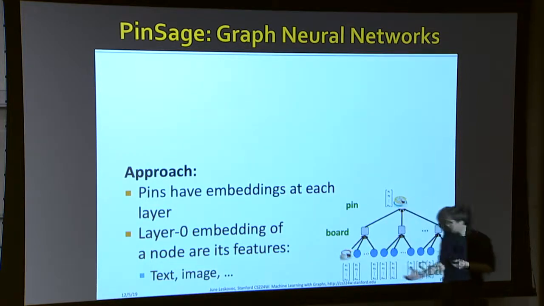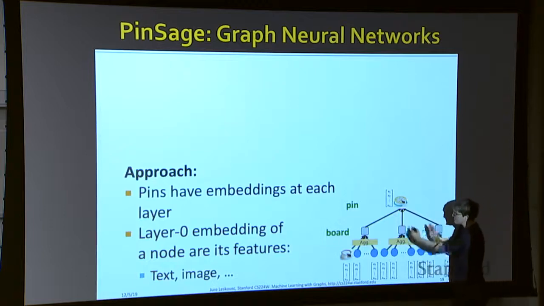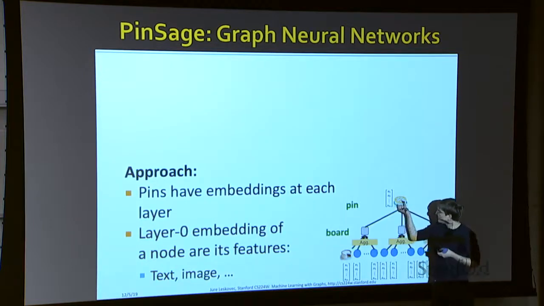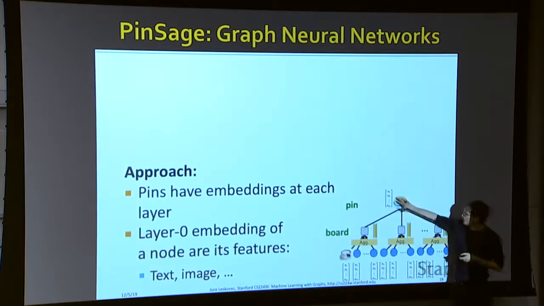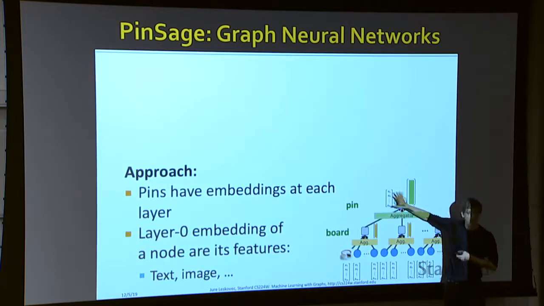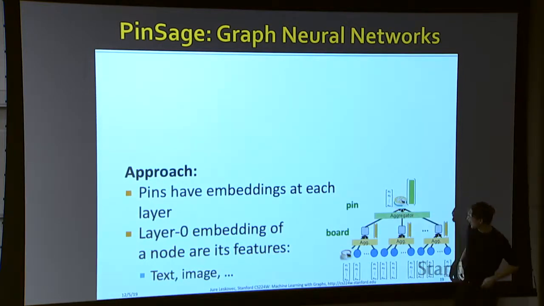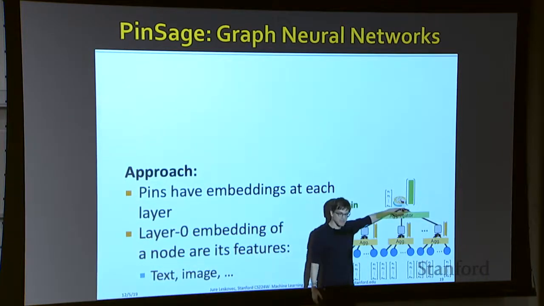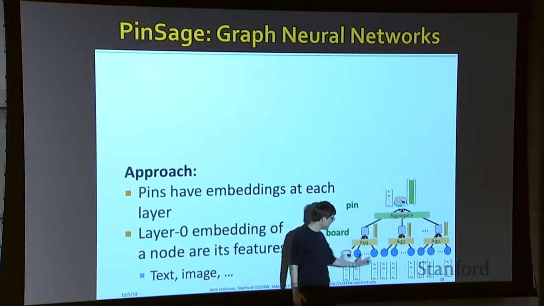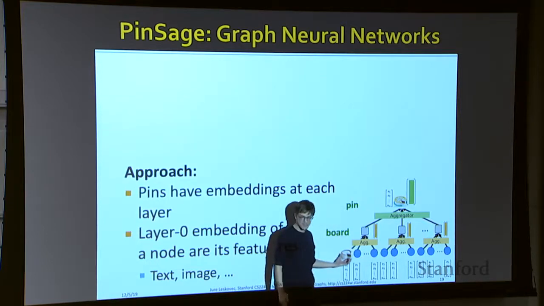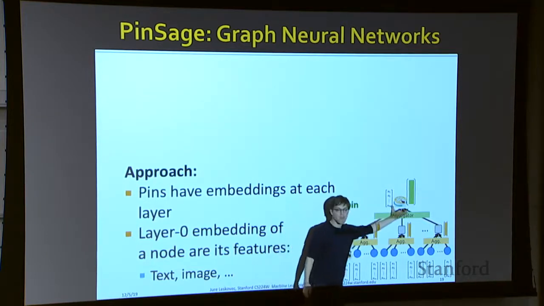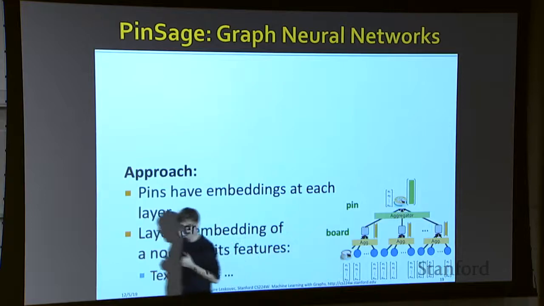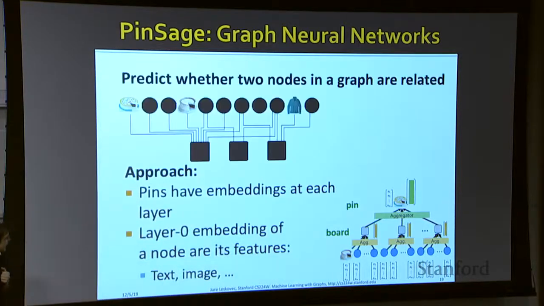Then I will learn how to aggregate this information, combine it with the last target pin to come up with the final embedding for a given pin. This will be better than just embedding the pin directly, because I'll be able to reuse the information from the neighbors in the network to come up with a better representation of a given pin. That's essentially the idea.